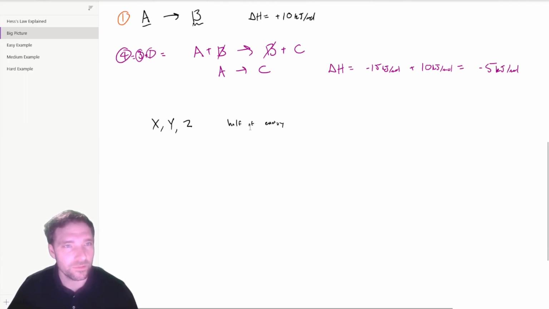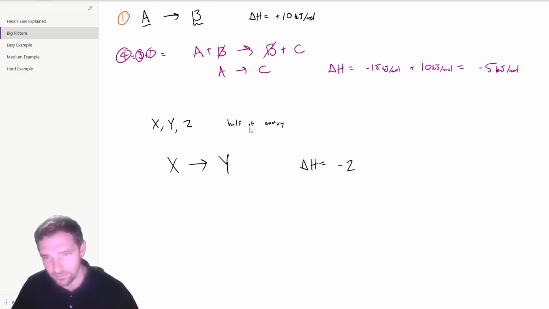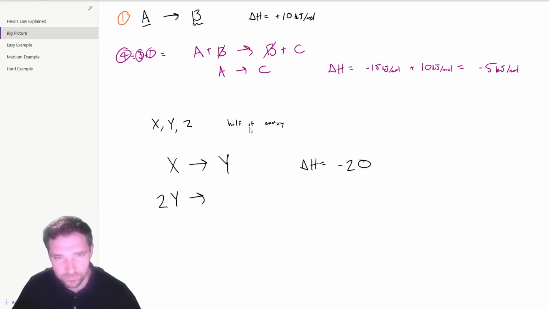So if we were doing this, maybe we've got X going to form Y, and that's going to have a change in H value. Let's say that that is now negative 20. And then let's say that you've got 2Y, and that's going to form 2Z.